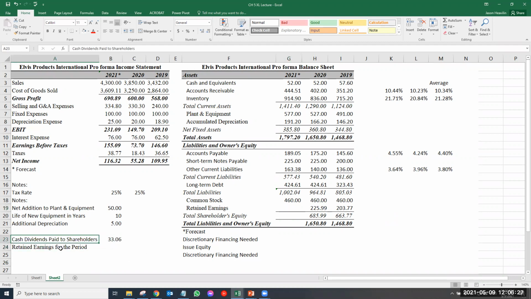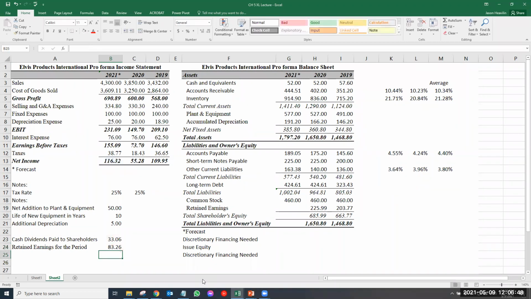It shows us that there was a cash dividend paid to shareholders of $33.06. So in order to calculate the retained earnings for the period, we take the projected or forecasted net income for that year. We subtract the dividends paid.